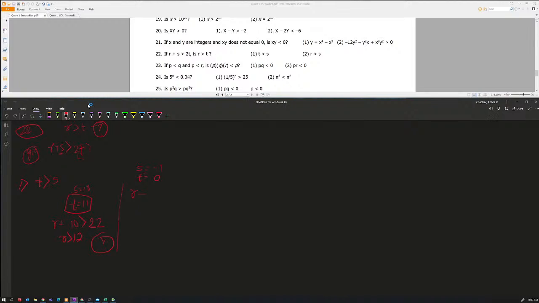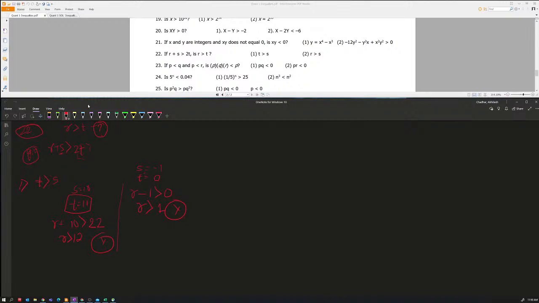In that case, r minus 1 is greater than 2 into 0, which is 0. So r is greater than 1, and definitely r is greater than t. So we get a yes answer here also. Now let's take a fractional value, but since there is no division or multiplication, it should not make any difference, and we will get a yes answer there also.